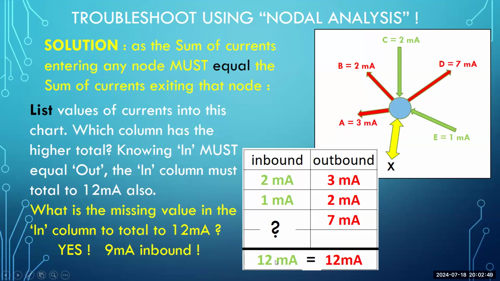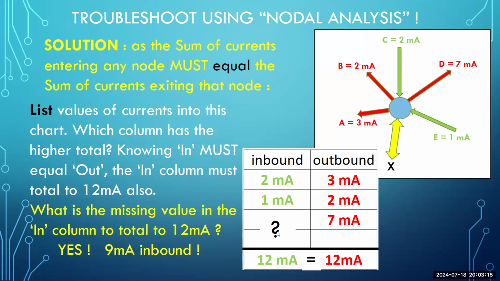The sum of the currents coming in has to equal the sum of the currents coming out. So if we calculated 12 milliamps in red, that gives us 12 milliamps in green. That's an absolute must because we can't change the rules of nodal analysis. So if we have 12 milliamps that has to be outbound, isn't there something missing in this area with this big black question mark?